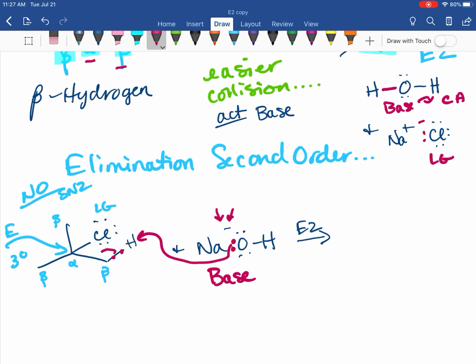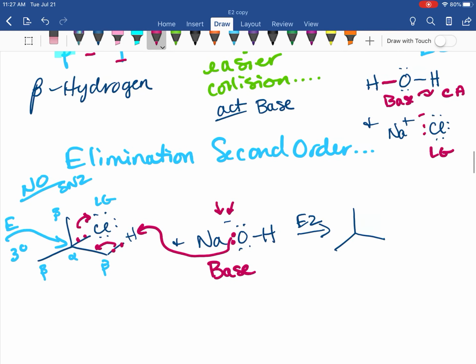So let's pick this one. And now let's draw the mechanism. Okay, there you go. Do you notice that all of these arrows flow? All of these happen at once. They are like a cascade of electrons.